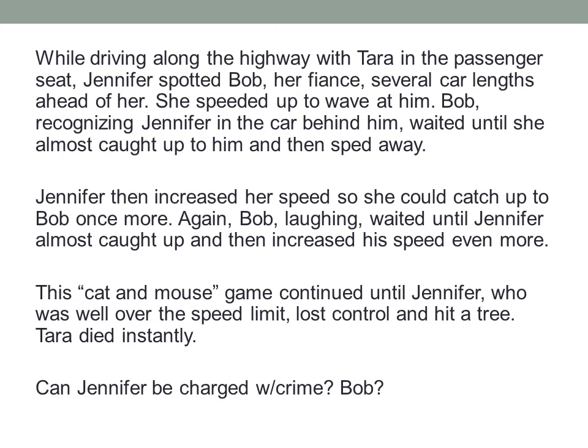What about Bob? Is Bob the actual cause? But for Bob speeding up, laughing, and then Jennifer speeding up more, can we make that argument for Bob being the actual cause? Is it reasonably foreseeable that both of these folks might be responsible?